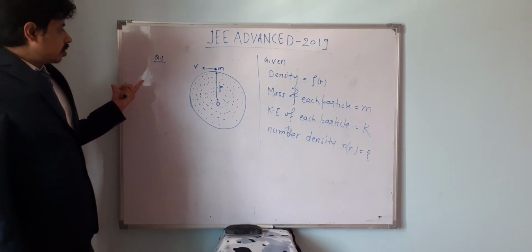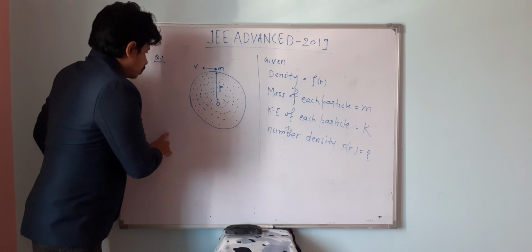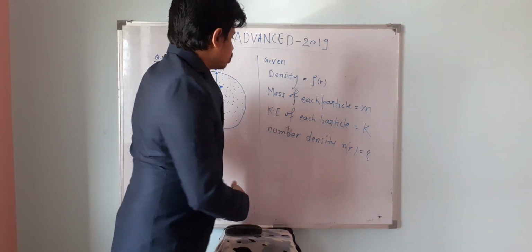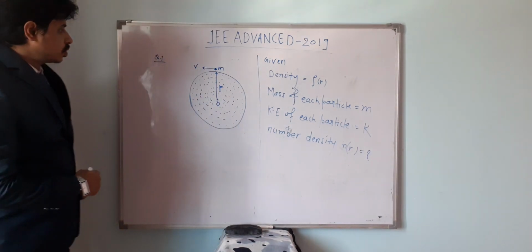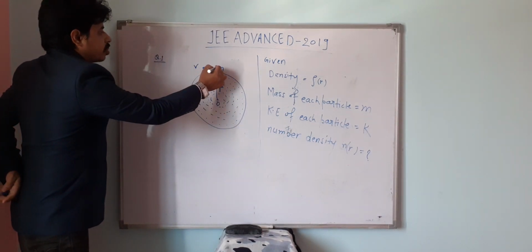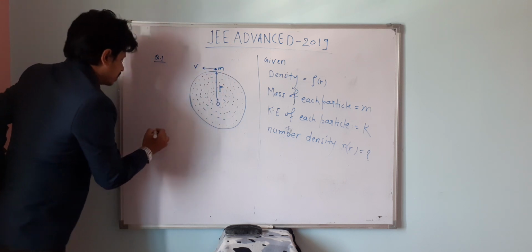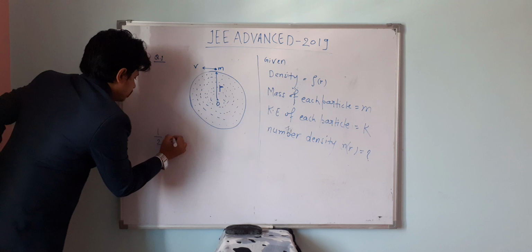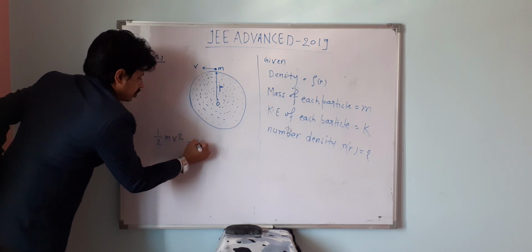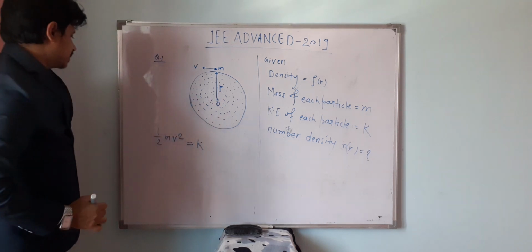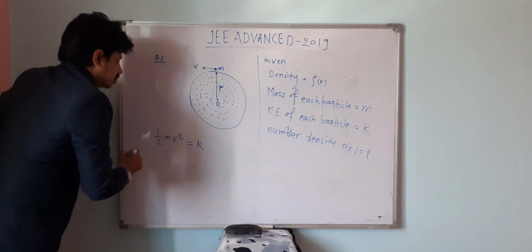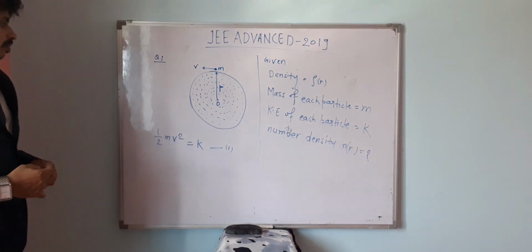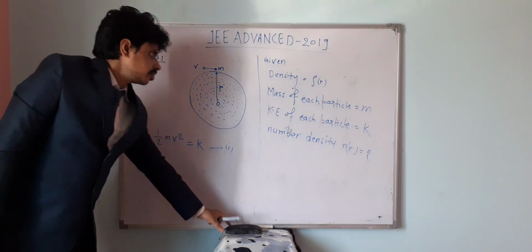First of all, we can use the data that kinetic energy of each particle is K. If the mass of a particle is m and it is moving with a velocity v, then we can write half m v square must be equal to K. This is my first equation.